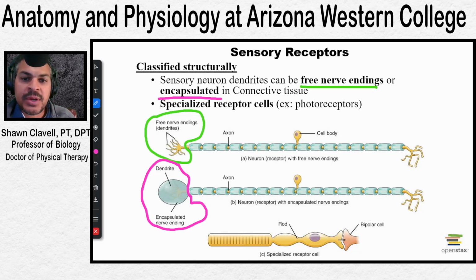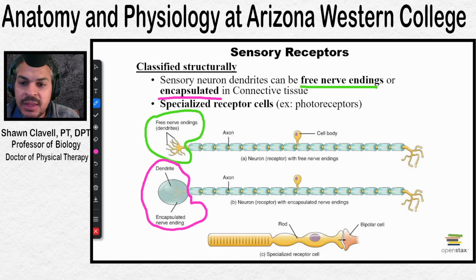The dendrite is encapsulated, whereas pain, which is a kind of dull response, you don't want pain to be signaled right away. It takes a little bit more to signal pain. So pain is more of a free nerve ending, meaning that it's not as sensitive to a response as the encapsulated one.